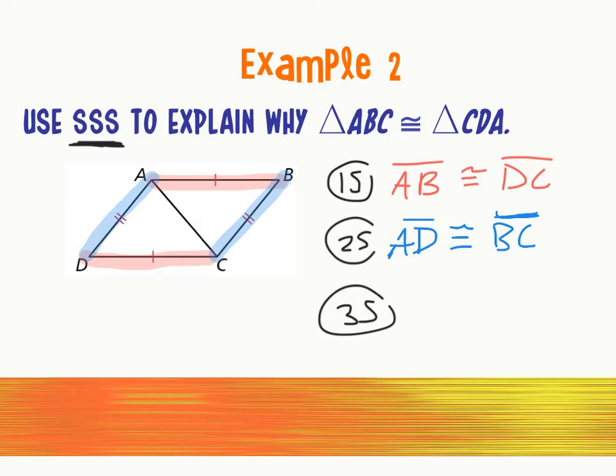Next, for our third side, we have the same side in the middle here, AC. So we know that AC is going to be congruent to AC because of the reflexive property.